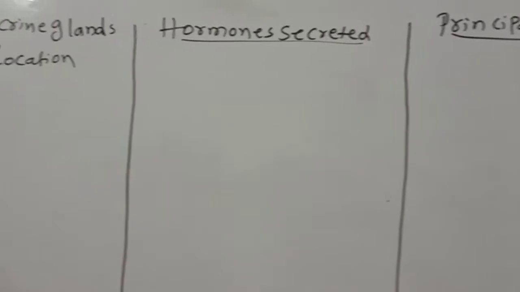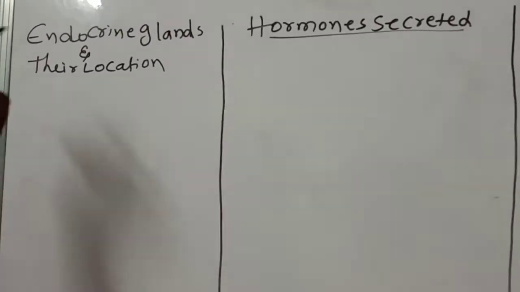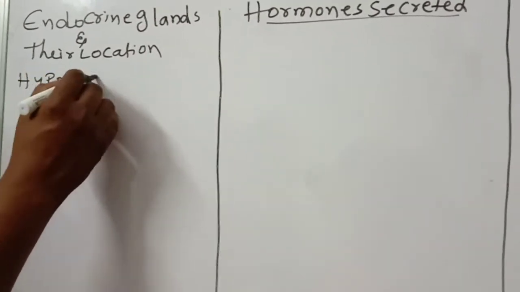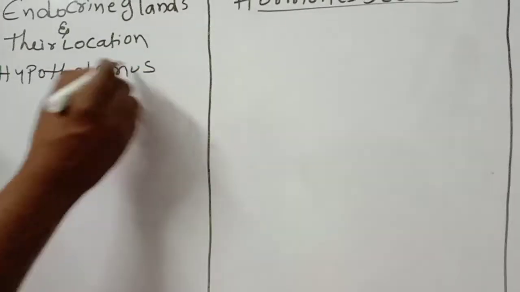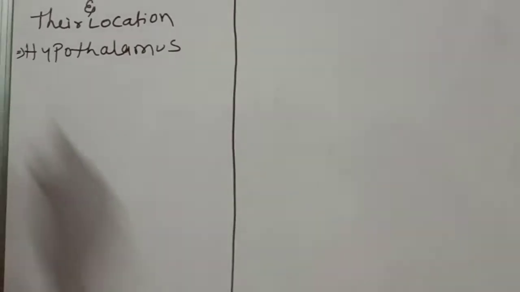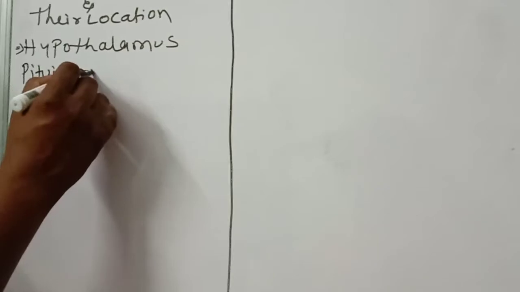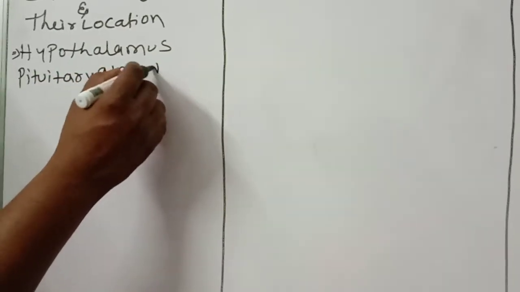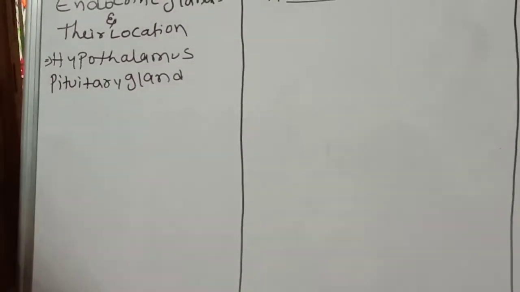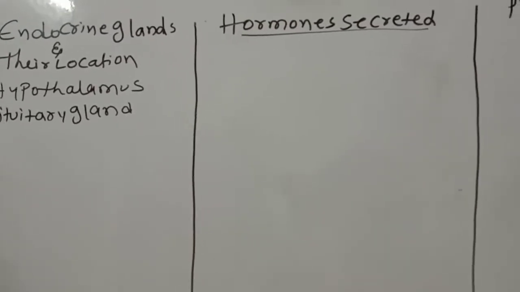Okay, children. So first, hypothalamus. This one you have to remember. Hypothalamus and pituitary gland.